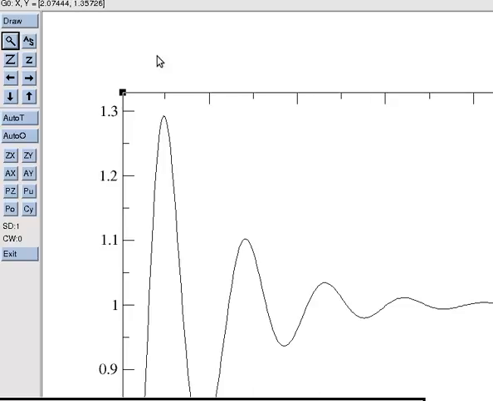So this is the behavior. It oscillates back and forth, and finally it approaches the equilibrium points. So it's a damped oscillation, you know.